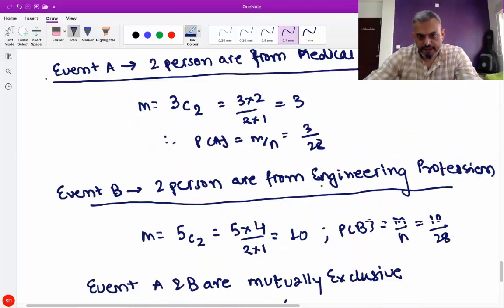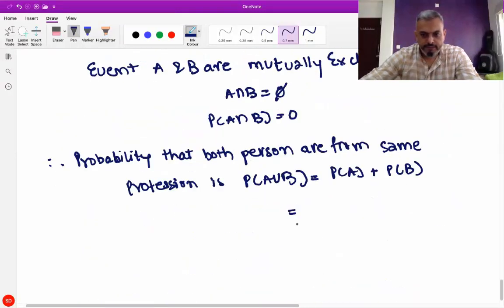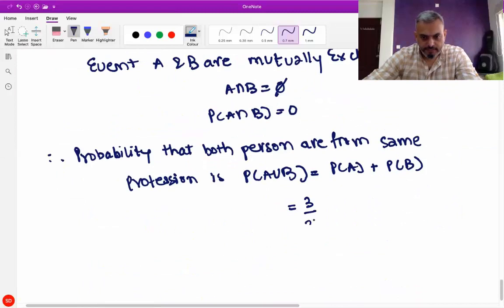So 3 by 28 and 10 by 28, which is equal to 13 by 28.